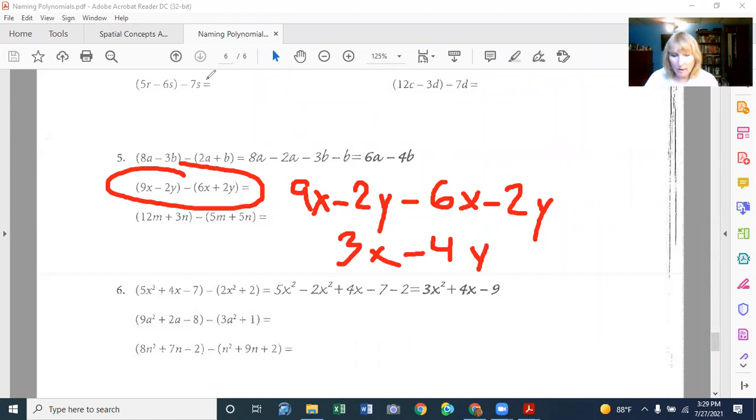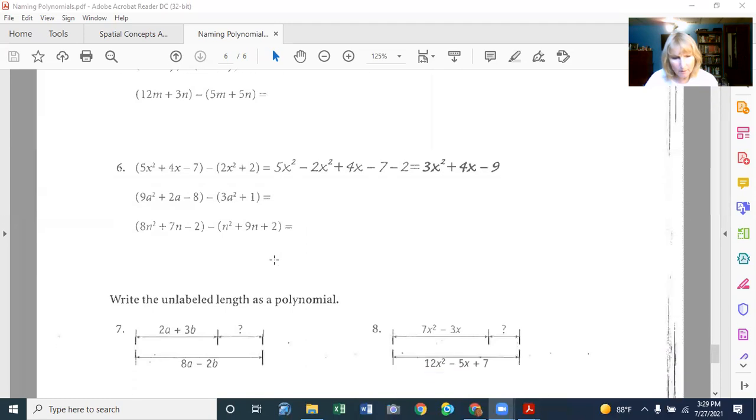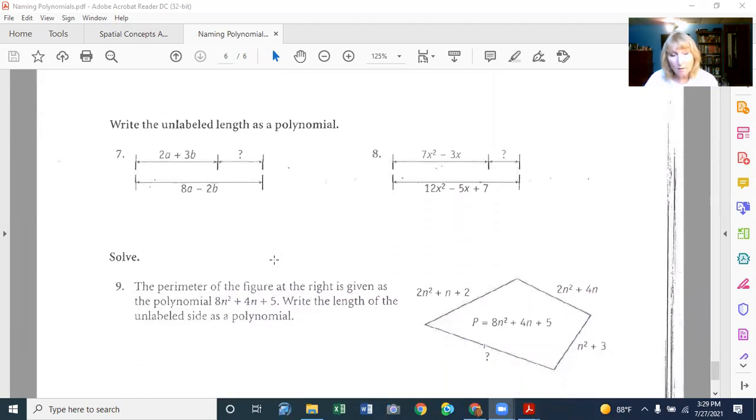Okay, let's clear that. And I believe we are near the end here. You just got the same thing down here. It's just picturing it, and then you got some geometry. They're the same thing, they're subtraction. So let's look at number 9. They give you the perimeter. It's 8n squared plus 4n plus 5, right?